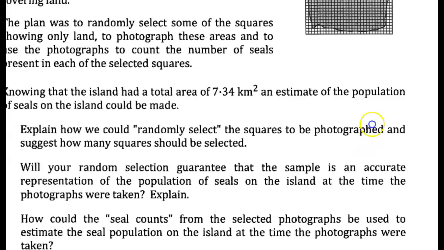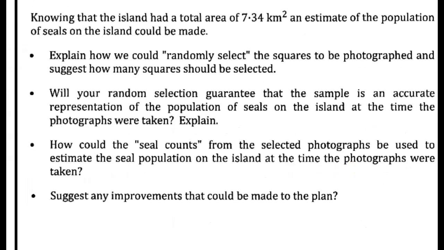So it's a 30 by 30 grid, and the idea is to look at all of those squares, and we're interested in the number of seals present. And I want you to think about some of these questions and statements about that, and could there be any improvements in the plan? So I have got some solutions to this, which I will place up on the OneNote once you've had a go at thinking about it.